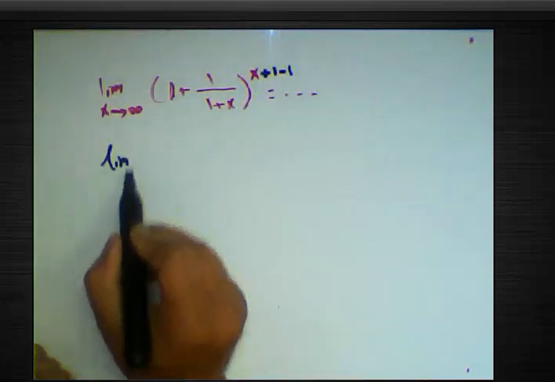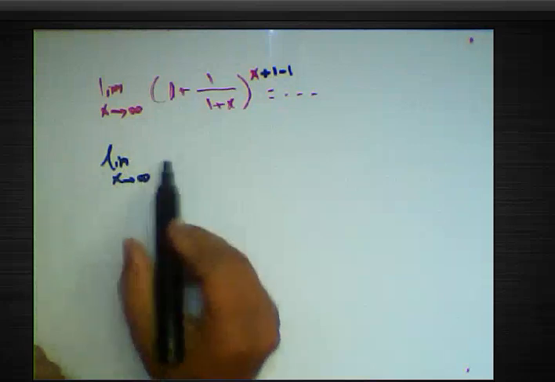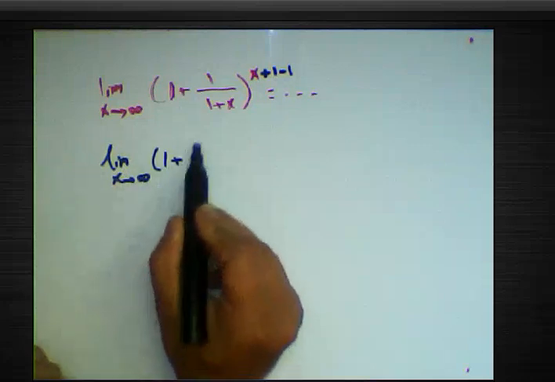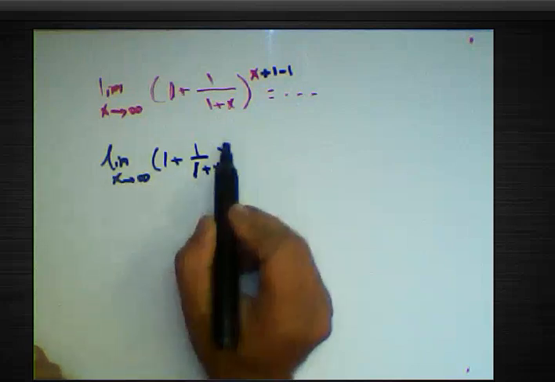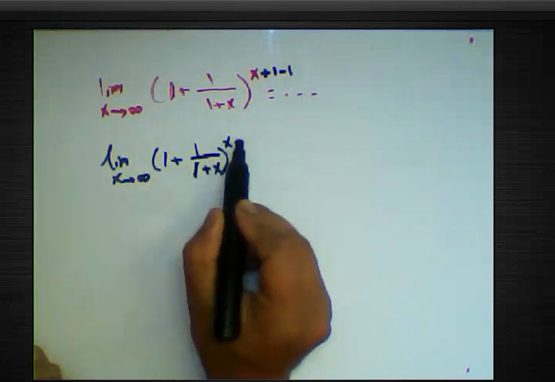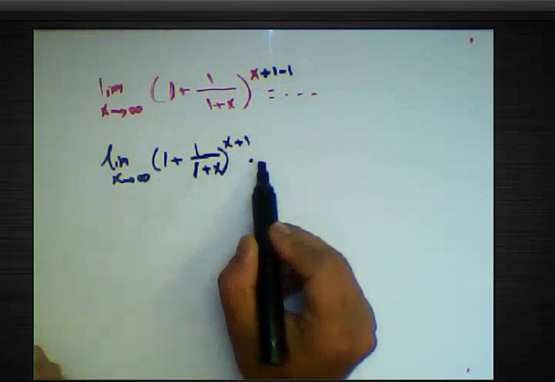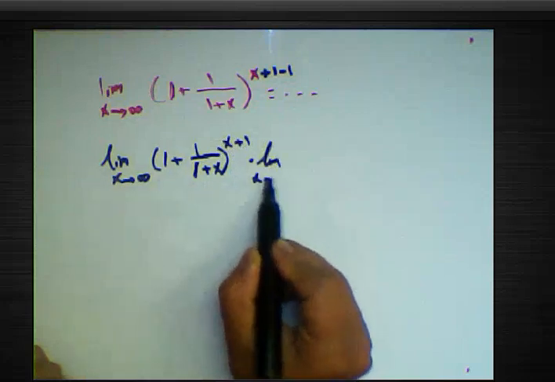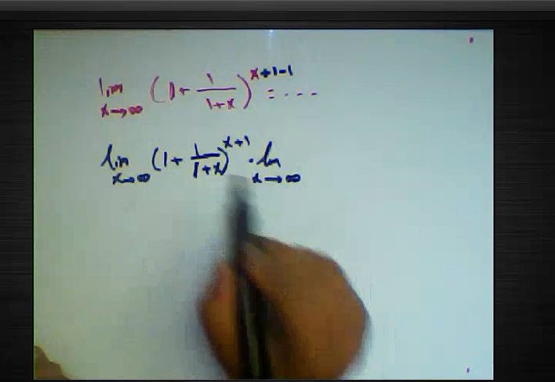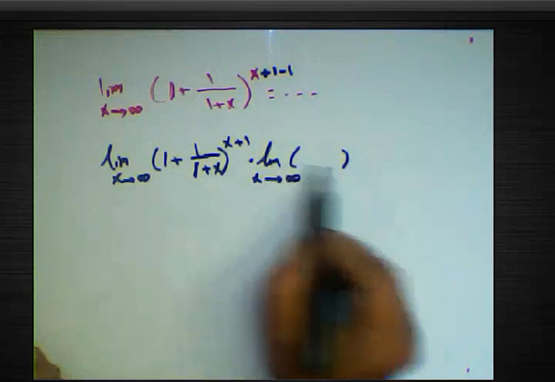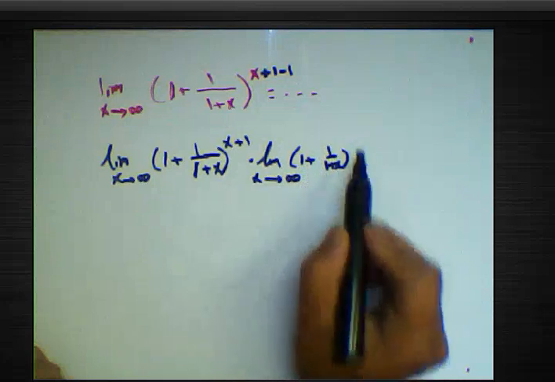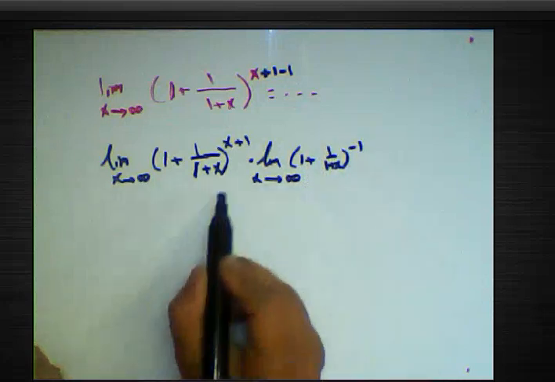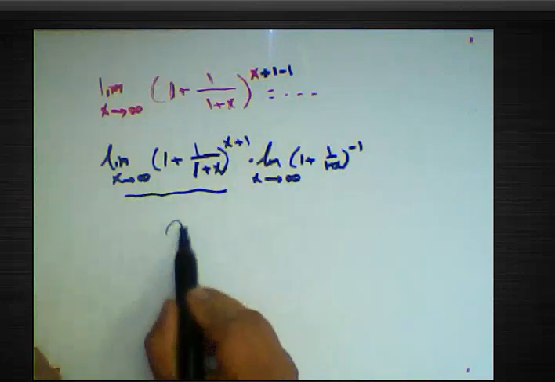Then we can write the limit when x approaches infinity of (1 + 1/(1+x))^(x+1), multiplied by the limit when x approaches infinity of the same function (1 + 1/(1+x))^(-1). The result of the first function will be e.